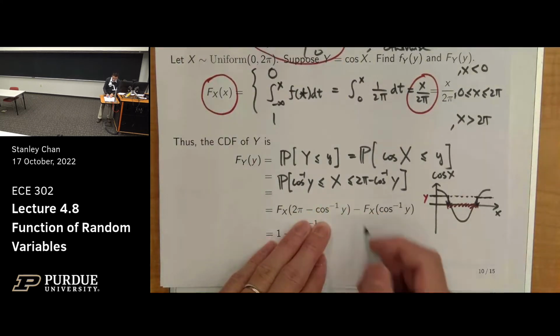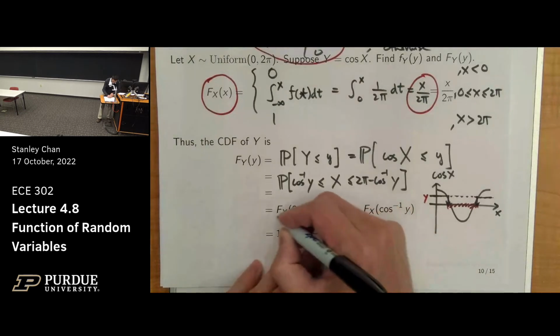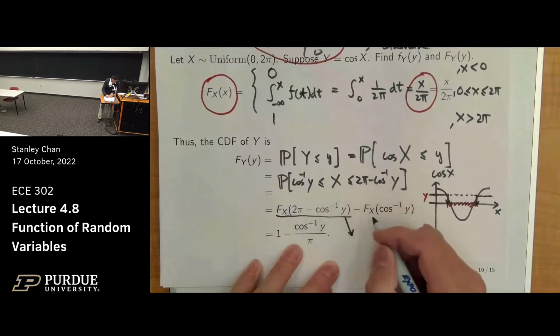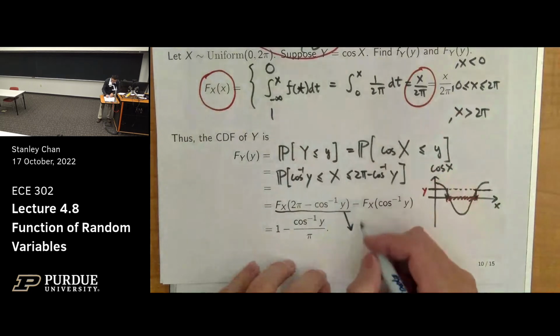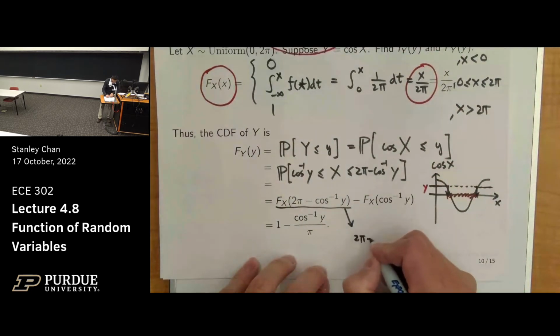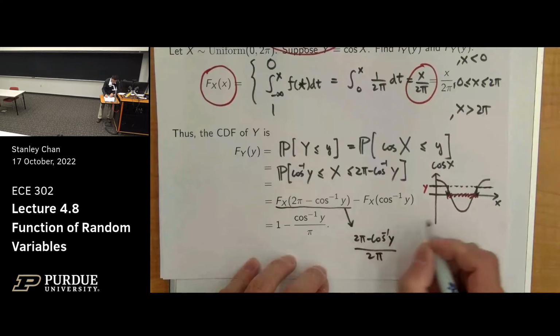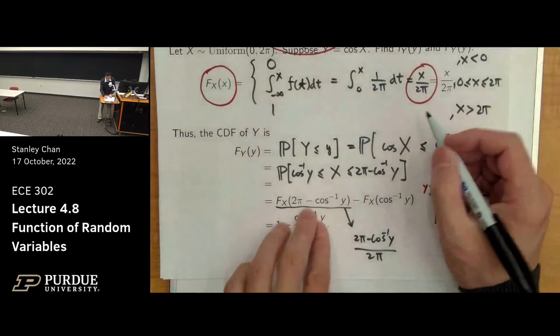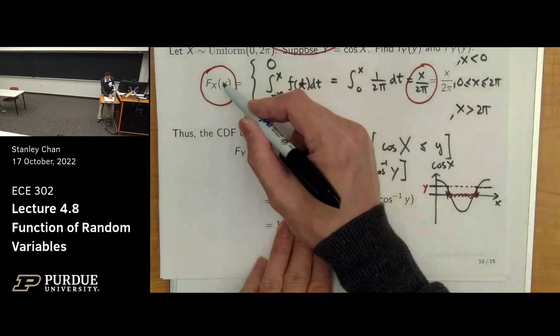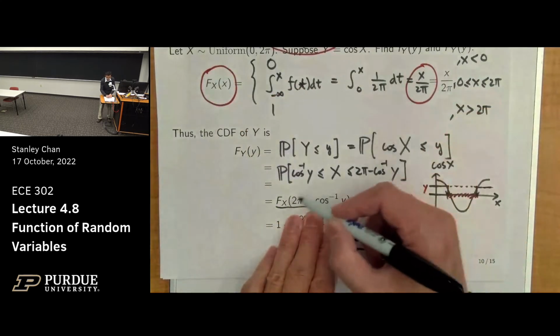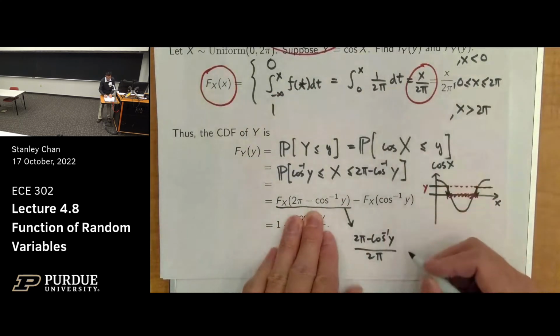Then what can I do? Well, then this thing is just your CDF. So you know the expression, which is 2π minus cosine inverse of y divided by 2π. Where does it come from? Because your CDF evaluated at x is just x divided by 2π. So just substitute this into this equation here.